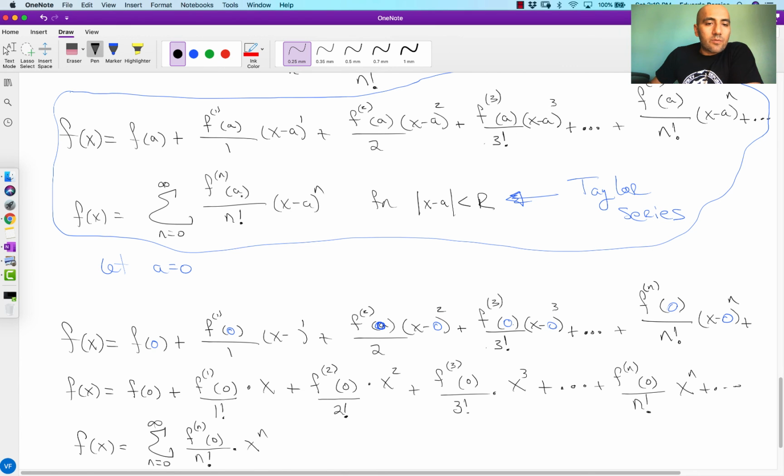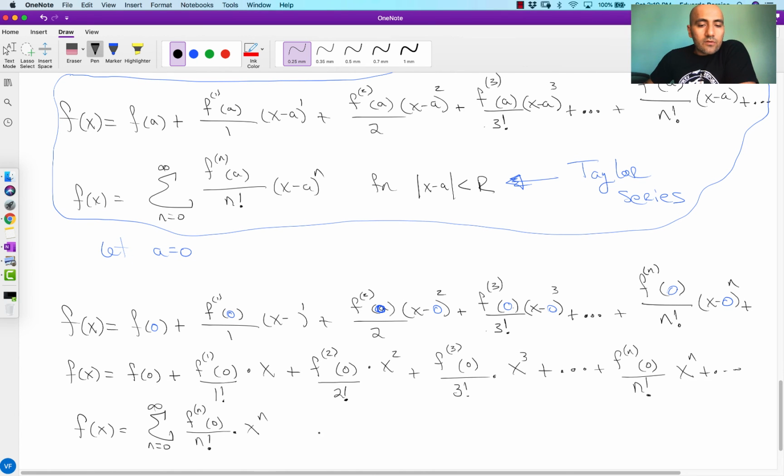So again, all I did is replace the a with a 0 there, and then a with a 0 there, and we have something called a Maclaurin series. And this is for the absolute value of x being strictly less than r.